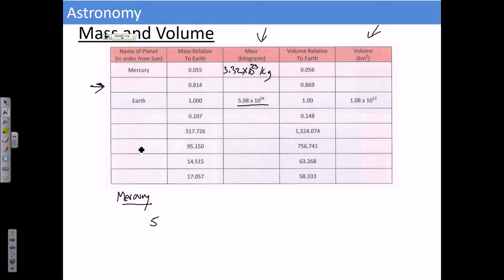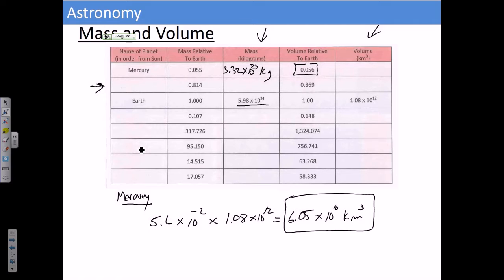We'll go 5.6, right? 0.56 is what's written here, times 10 to the minus 2, times 1.08 times 10 to the 12th, is equal to 6.05 times 10 to the 10 kilometers cubed. So this turns out to be the volume of Mercury.